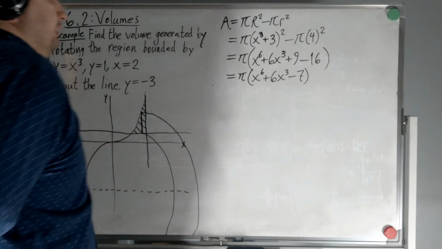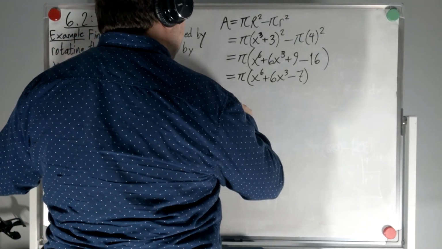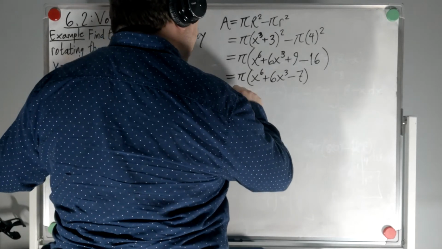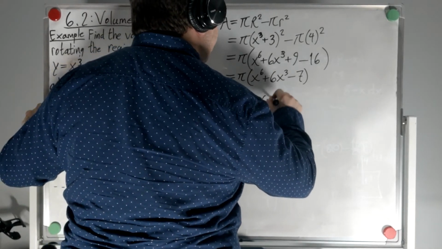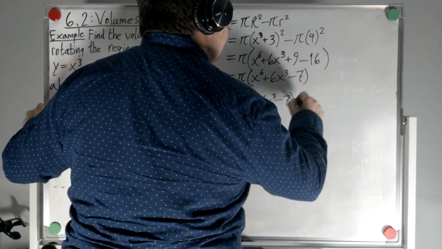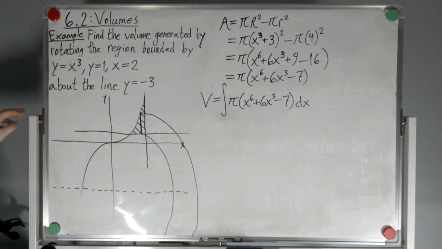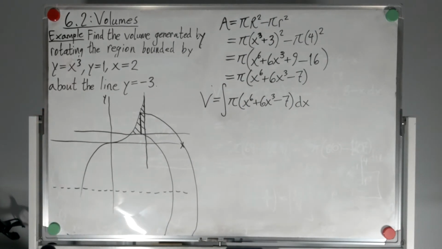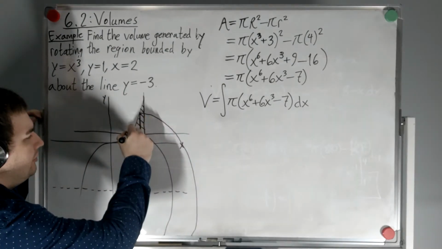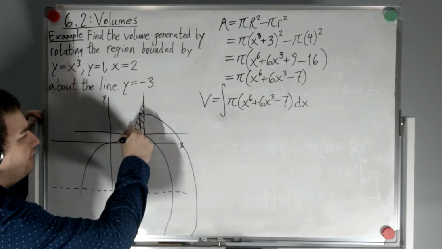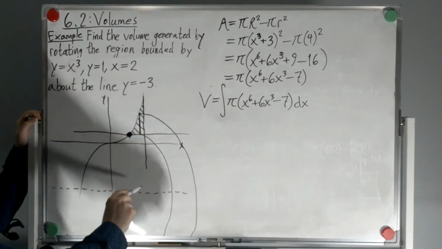Okay, so our volume is going to be the integral of pi times x to the 6th plus 6x cubed minus 7. And what are going to be the bounds? Well, based on the diagram, you can tell that the bounds are going to be the x-coordinate of this point right here up to this line, which is x equals 2.